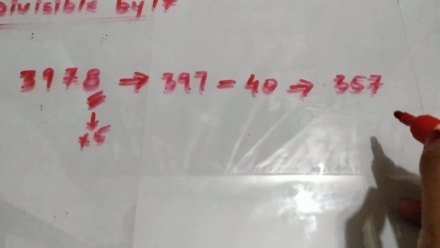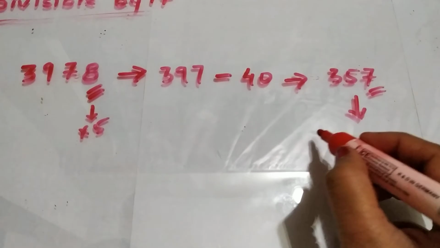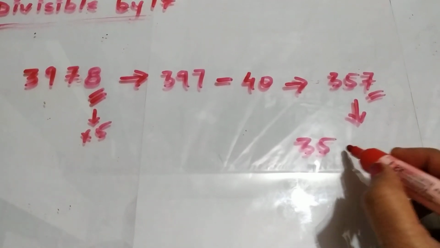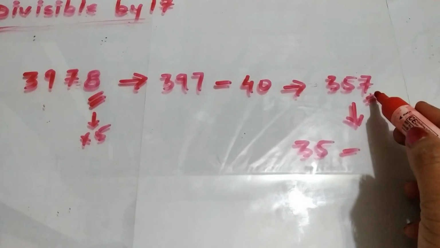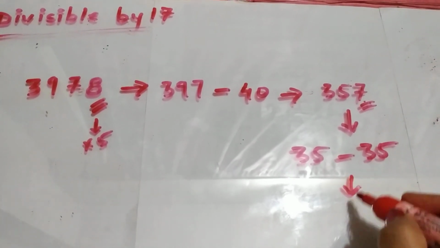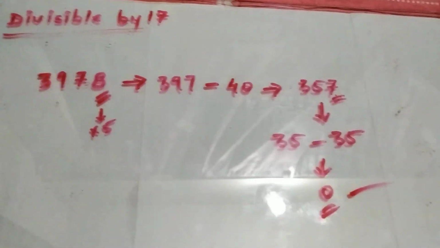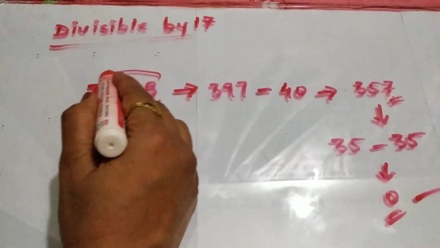Now your last digit is 7. So write 35 as it is. 5 times 7 is 35. 35 minus 35 is 0. 0 is divisible by 17. So the original number is divisible by 17.